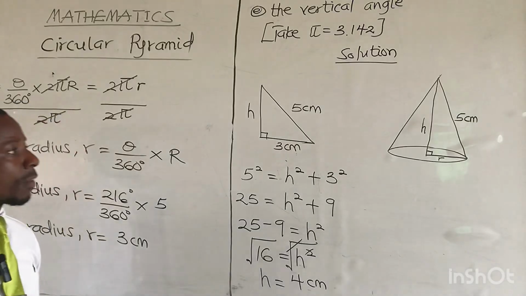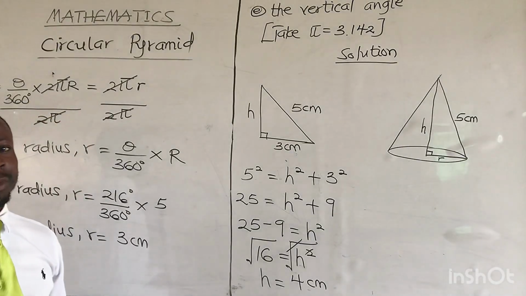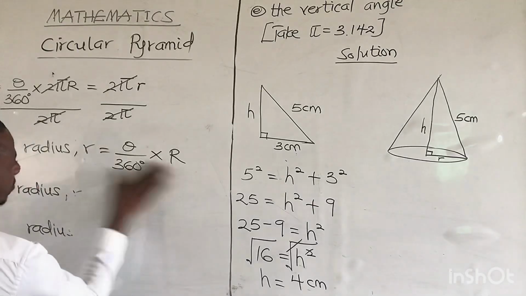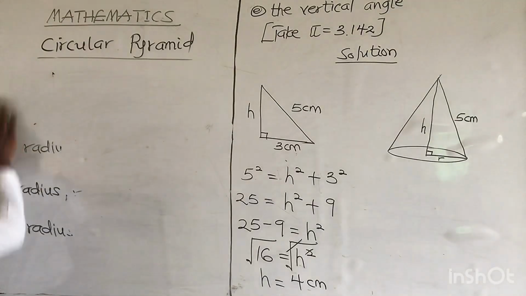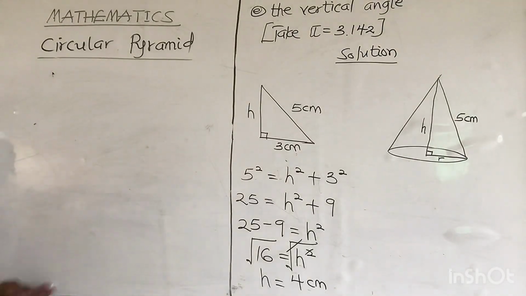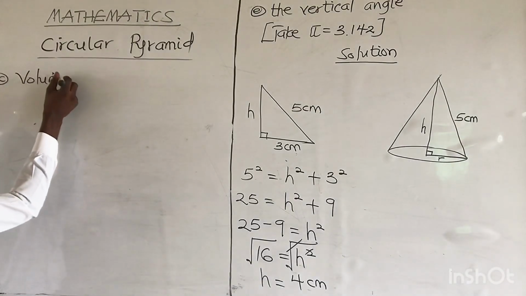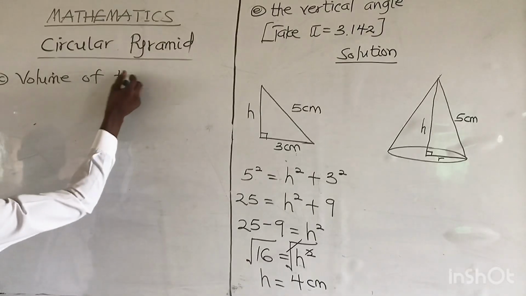So from here, we can now find the volume of the cone. So for part C, we have the volume of the cone.